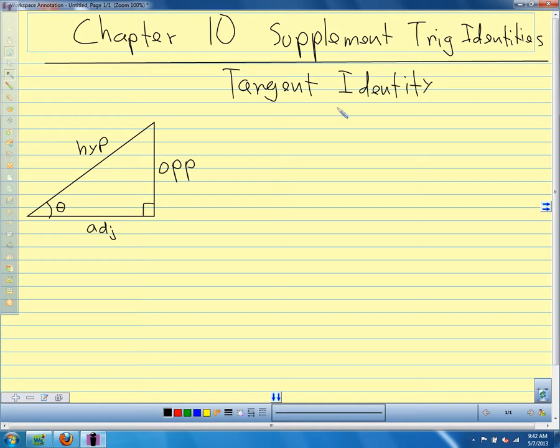So we're going to write out our ratios for tangent, sine, and cosine. So tangent theta, remembering SOHCAHTOA, is opposite over adjacent. And we said that sine of theta is opposite over hypotenuse.